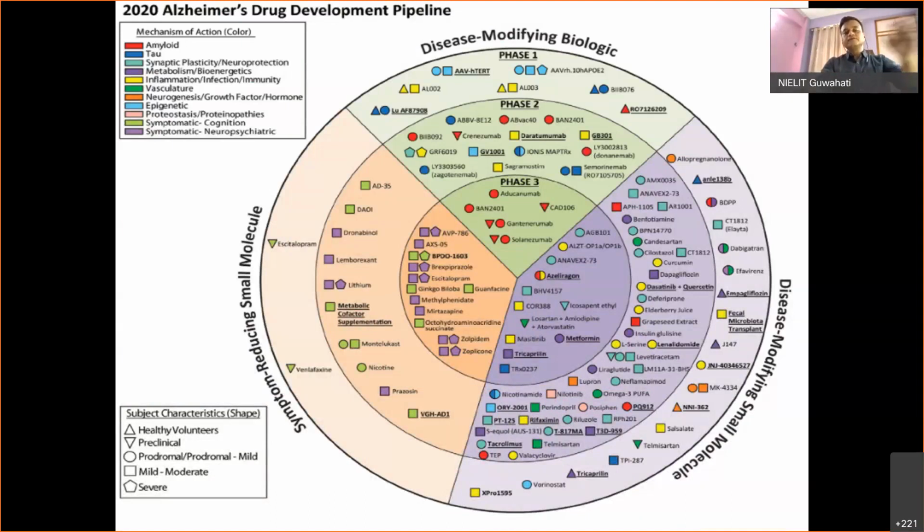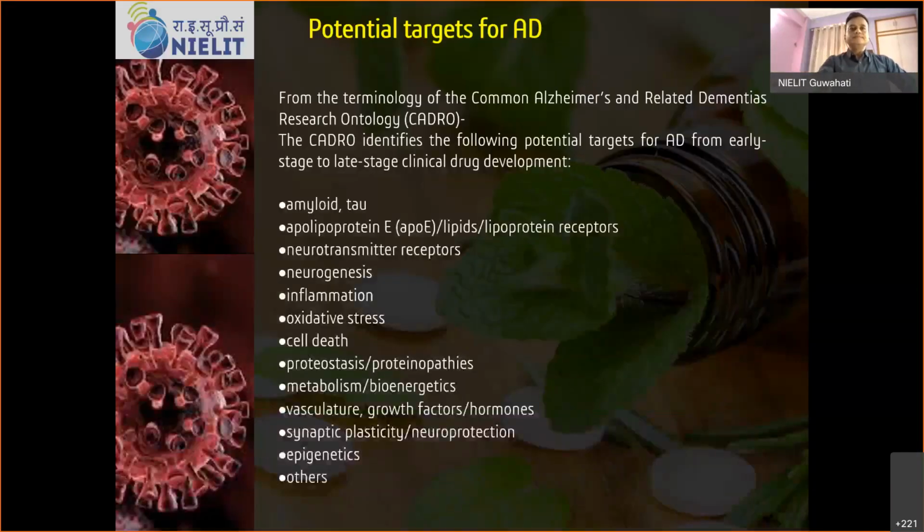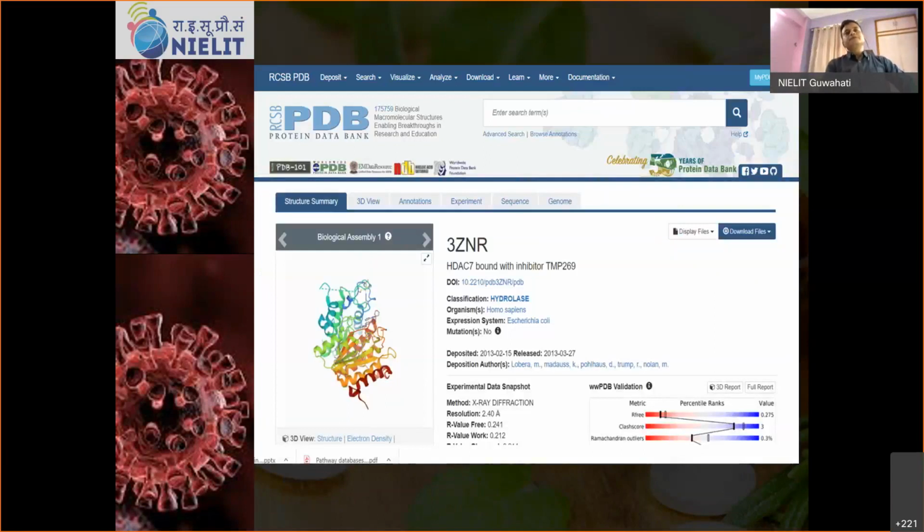So these kind of diseases also can be targeted. In the next step, after identifying the target, we'll go to databases like the Protein Data Bank, or structural databases, to find out whether the protein you have identified as a drug target or receptor has a structure or not.